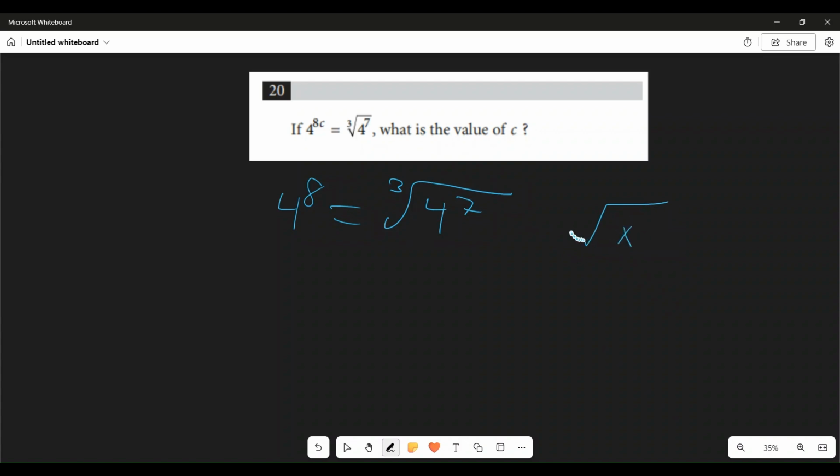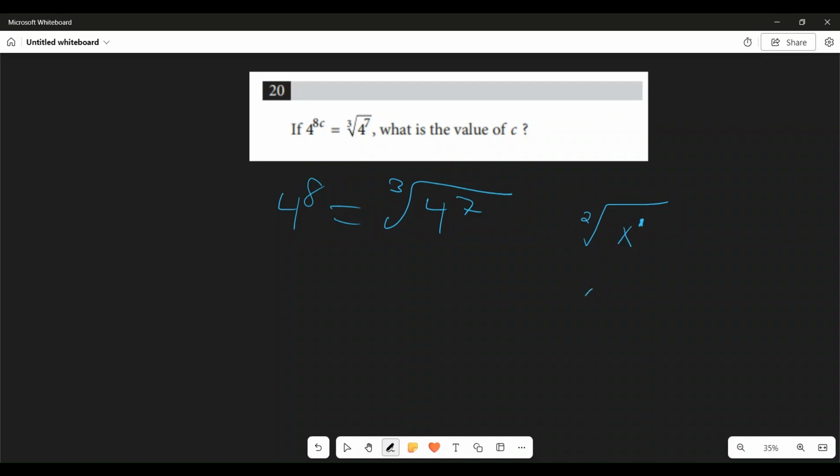The square root basically means we are getting the second root of x, right? But in this case, we could also write x as x to the 1 power. So how could we represent this term as a fractional exponent?